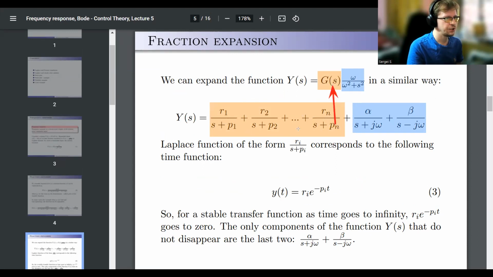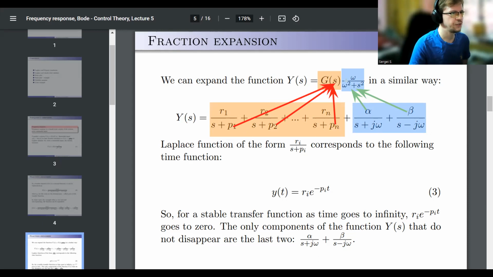So those particular values p have to do with the poles of this transfer function. And this here is due to this addition. So those two components have to do with the fact that we had this additional input.